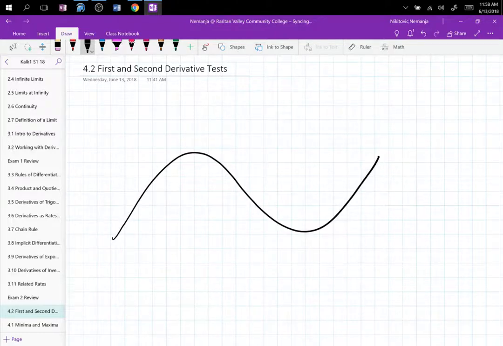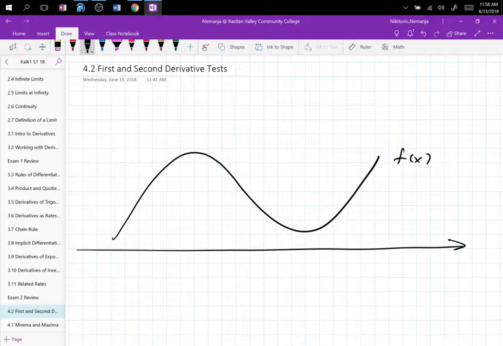So I'm just going to draw function f of x and put the x-axis over here to emphasize that all of the answers that we are getting here are going to be x values. So we're talking now about intervals.